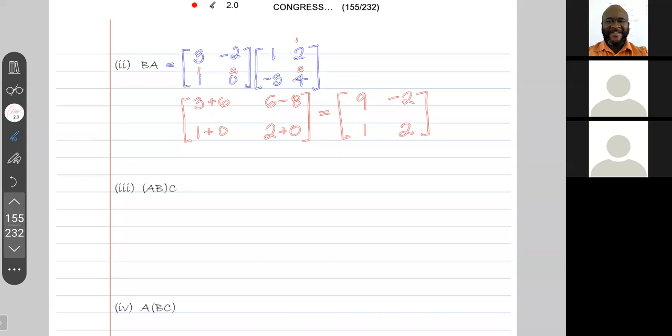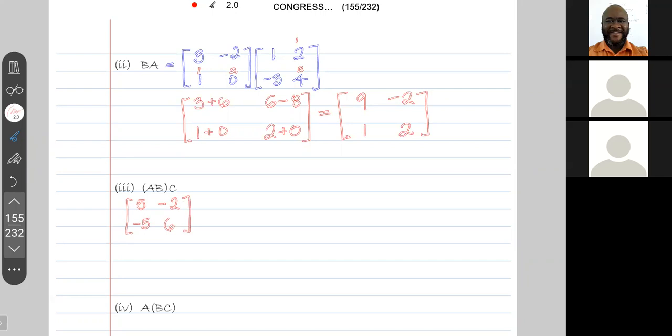All right, so next we're asked to do AB times C. So the AB in bracket is saying that you must multiply A by B first. But before we go there, this is AB because we did it before. AB is 5, minus 2, minus 5, 6. This is AB.